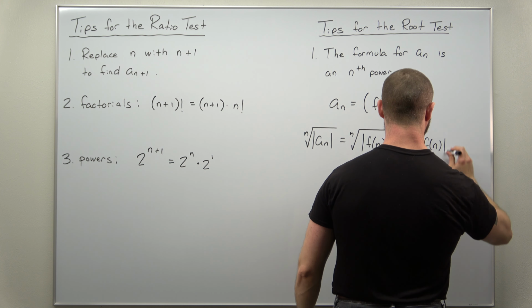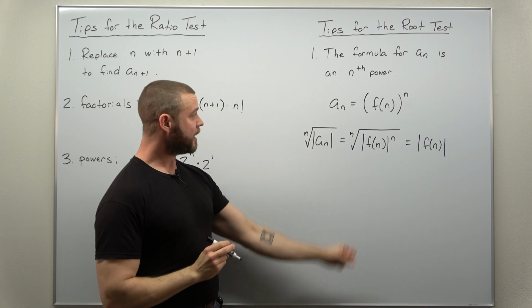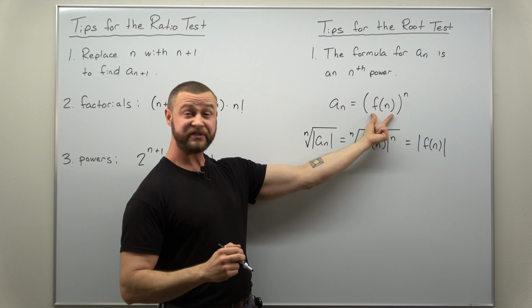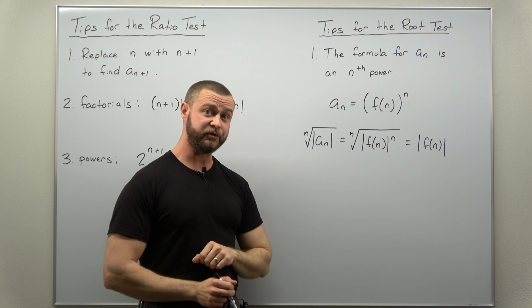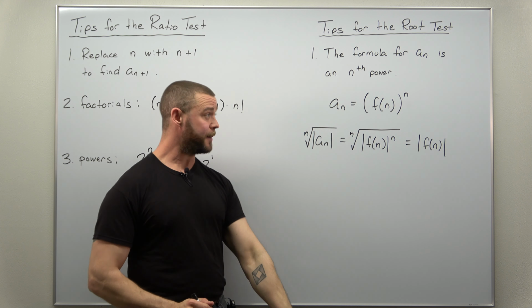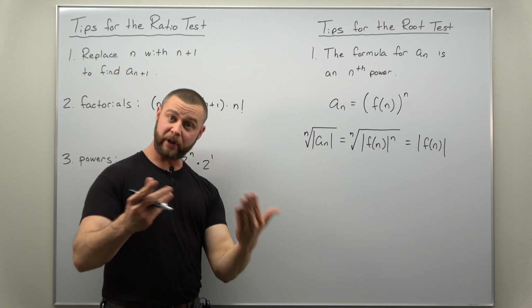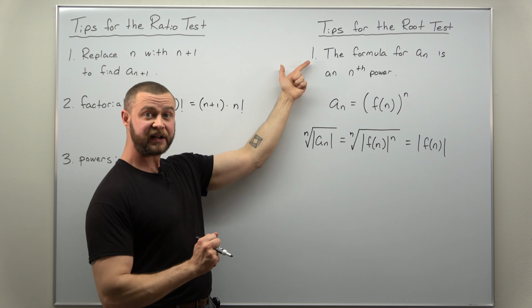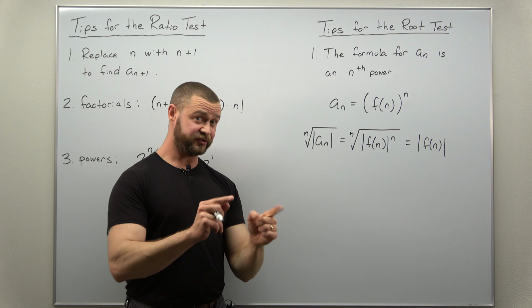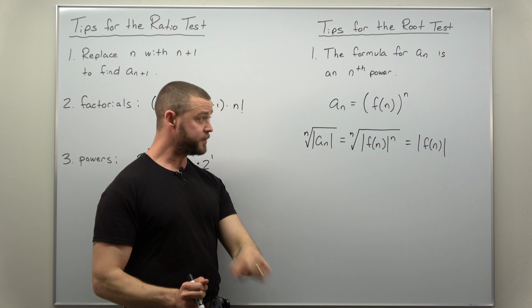And what we get is the absolute value of basically the part that we were taking the nth power of. In other words, it simplifies to the part inside those parentheses. Now, this doesn't happen for a lot of examples, but there's a few that you're likely going to encounter where the root test will make quick work to determine if the infinite series converges or diverges. So again, just be on the lookout.